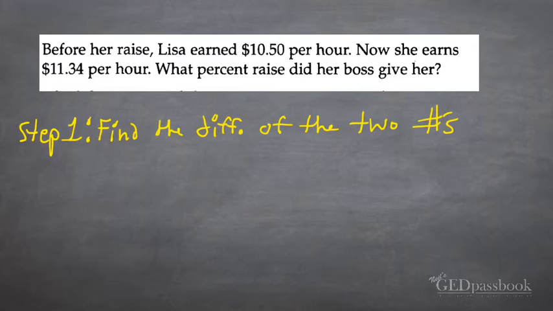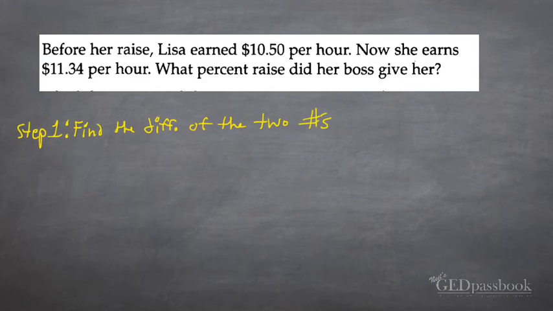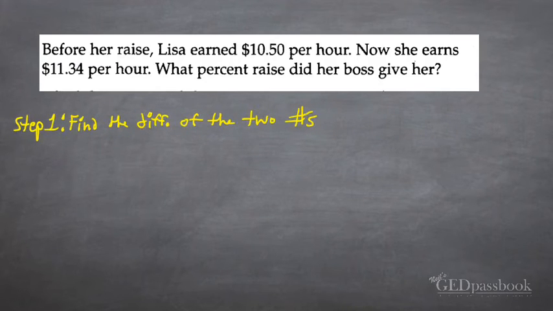84 cents. Okay, good. By the way, you could have done that by hand, or again, what are we using this week? Calculator, just to do a quick little $11.34 minus 10.50, and we end up getting 0.84.